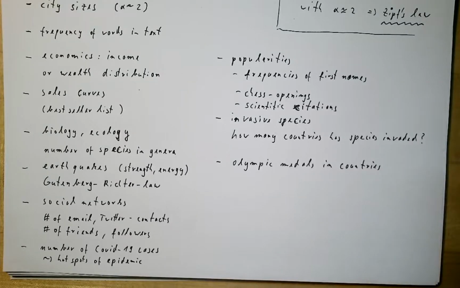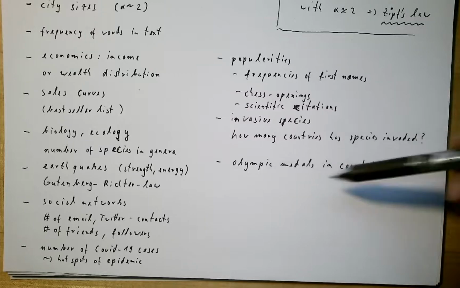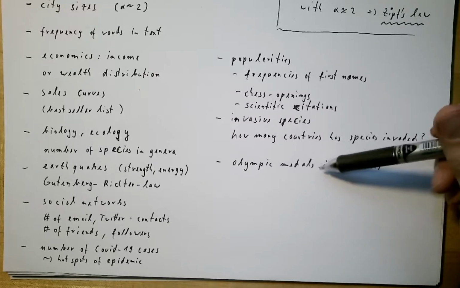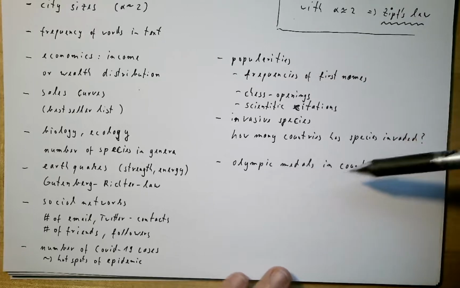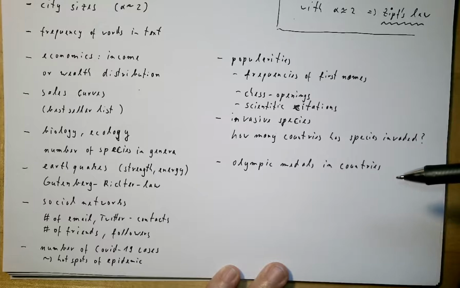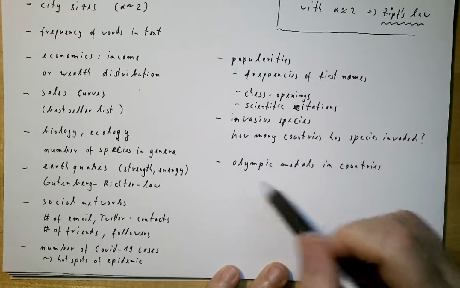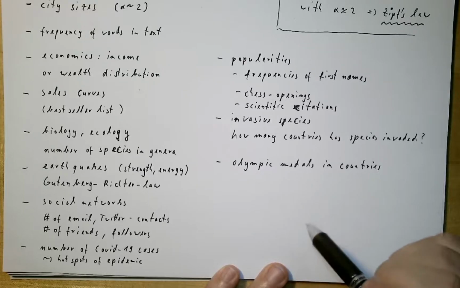So China or the US, also Germany, typically had a lot of medals, gold medals or something, whereas many countries have only few medals. And this you will do in one of the exercises, and because I never found a publication about this, you can do something which has never been published before, and there you also will see that the number of Olympic medals decays as a power law.